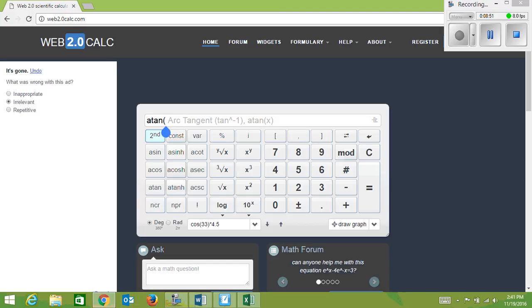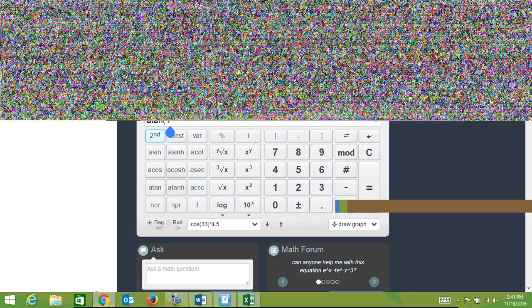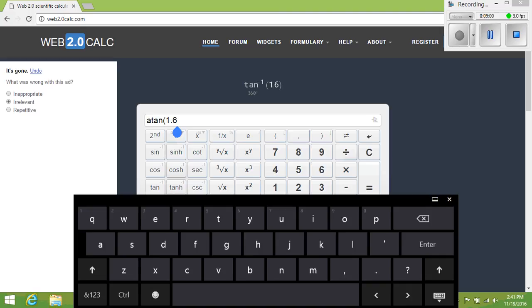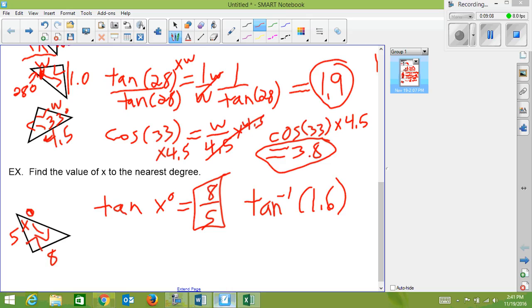And it was 1.6. Close your parentheses. And to the nearest degree, it is 58 degrees. So, switch back here. Our answer is 58 degrees to the nearest degree.